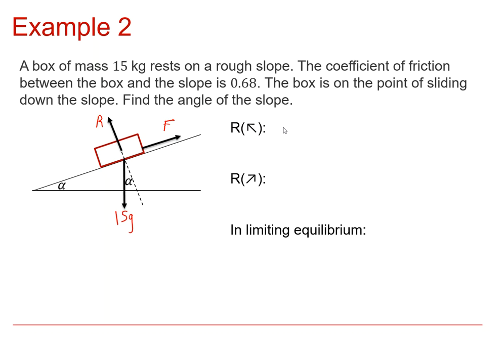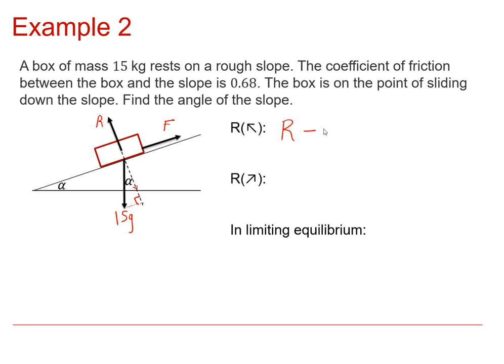And let's think about components normal to the plane firstly. And so we have R acting that way, and then we've got a component of the weight acting downwards, so we need to resolve this force like this, and we can see that the component which is acting to oppose R is adjacent to this angle, so it will be given by a cosine.